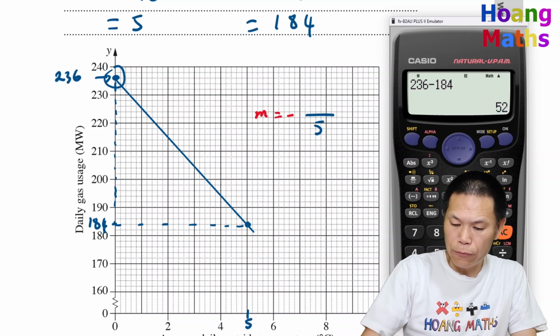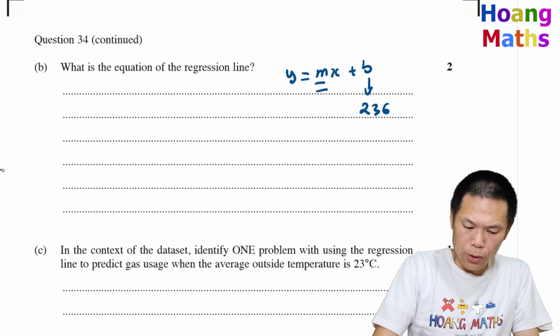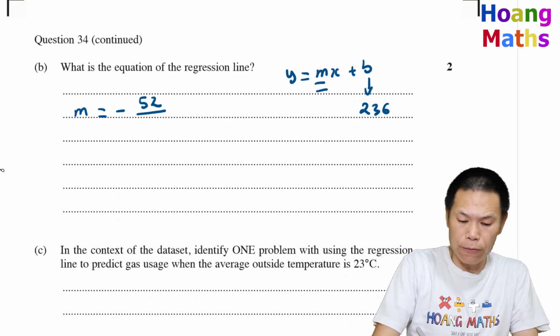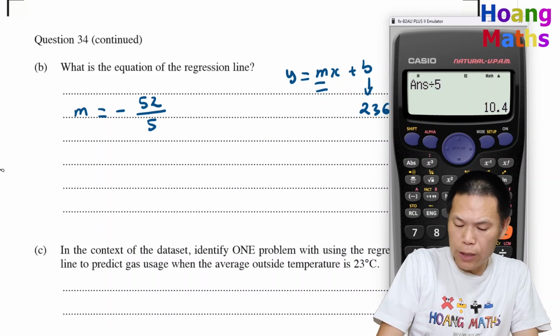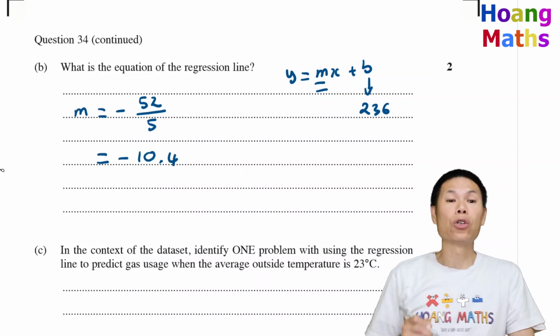So 52. Let me just write down here. So m equals negative, 52 is the rise and the run is 5. Divided by 5, there you go, negative 10.4. So that is the gradient.